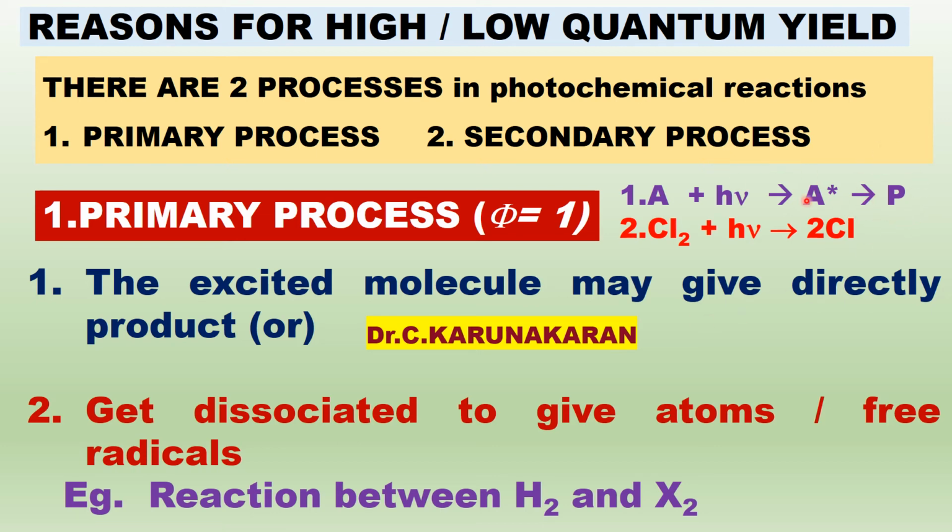The excited molecule is formed in the primary process and is directly converted to product. Or in the case of chlorine, it absorbs a light photon and gets dissociated to give atoms. The excited molecule may get dissociated to give atoms or free radicals.